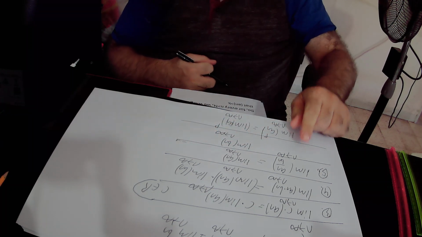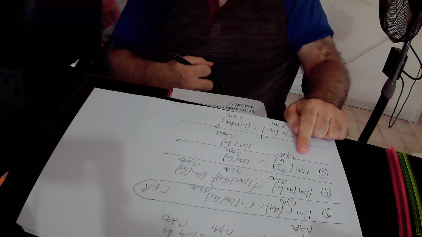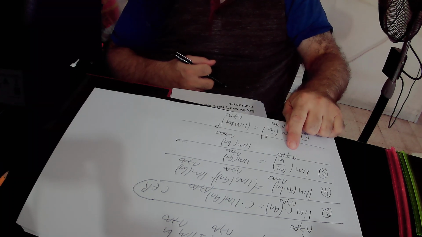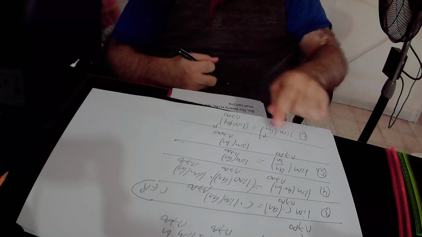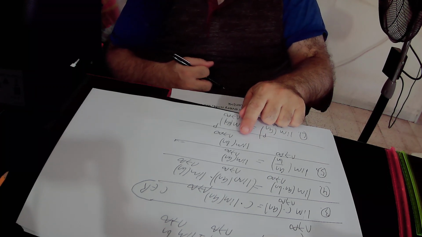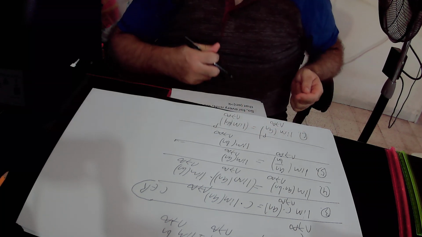And we also have equation number 5 that is true. According to equation number 5, we get that lim an over bn when n tends to infinity equals lim an when n tends to infinity over lim bn when n tends to infinity.